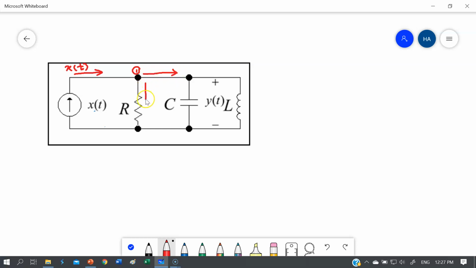This one and the one that goes into the resistor. Let's call this I1, and let's call this IA. Now when this IA reaches junction number 2, it will again be divided into this current and the current that goes into the inductor. So let's call this I2 and let's call this I3.